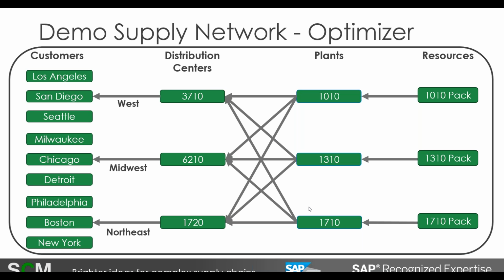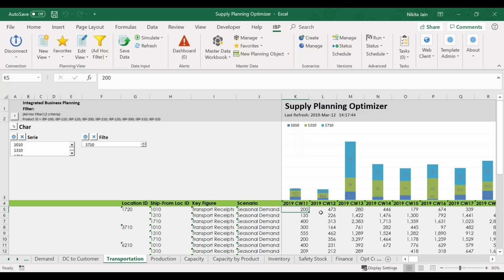So we also, like Mike mentioned, set 1710 to be one of the most expensive ones. So we can see in the planning view how that effect has taken place.